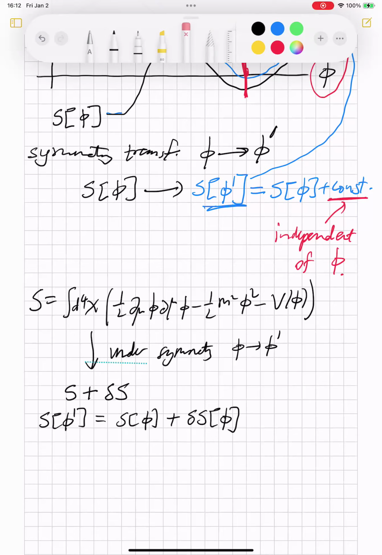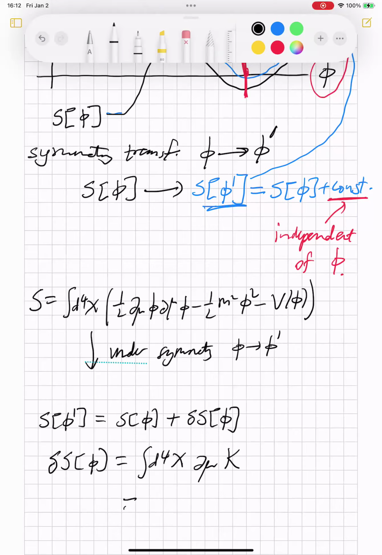If that change in the action takes the form delta S of phi equal to an integral d4x of the divergence of something, then you can integrate this and you'll end up getting a surface term. So the entire contribution to this integral comes either from spatial infinity or the initial time or final time surfaces, but it's all just a surface term.